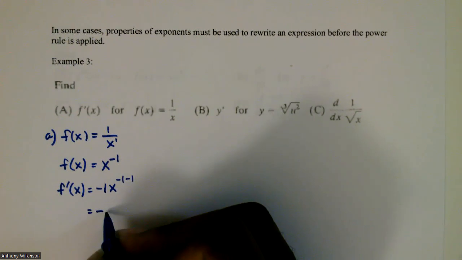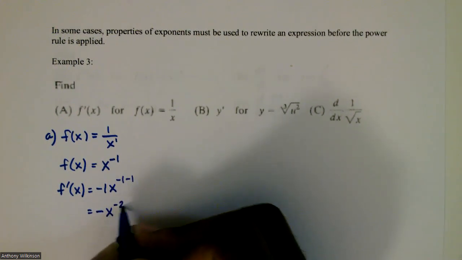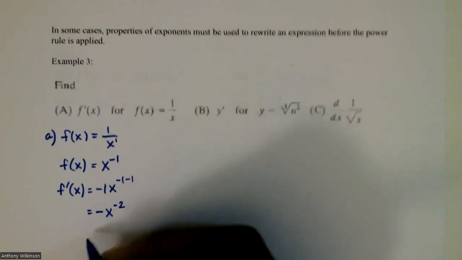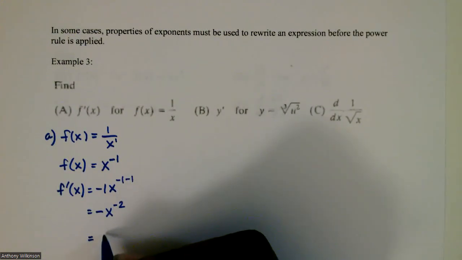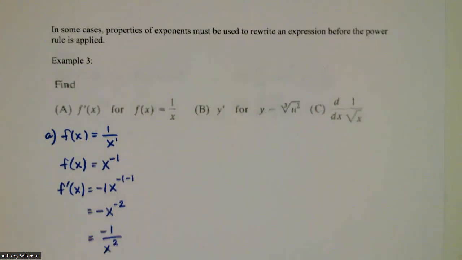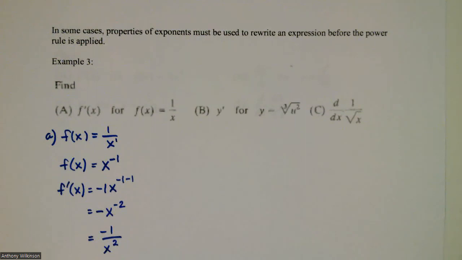So it'll be negative x to the -2 power. Now, if they ask you to write that using positive exponents, this will be it. You'll have a -1 in front. The x will have to go in the denominator, and your 2 will be positive. So it'll be -1 over x squared.